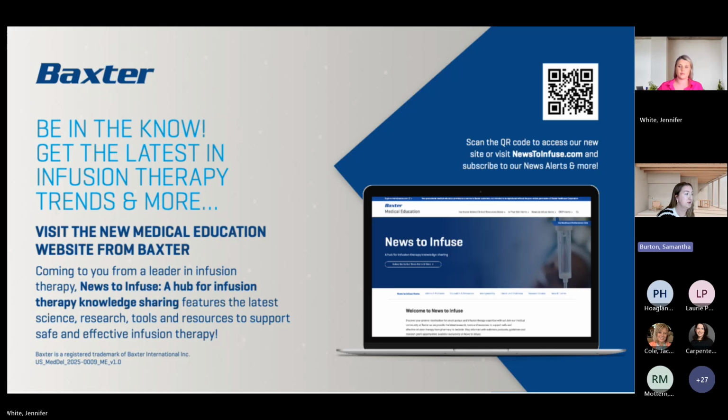Another question for you, Jenny. With your previous experience at the bedside and now coming to Baxter with much more of a focus on the syringe pump mechanism, was there anything really surprising to you that you didn't know before that you are now incorporating to your practice at the bedside? So the big thing for me is the mechanical slack and understanding that. At the bedside, we didn't know anything about the mechanical slack.